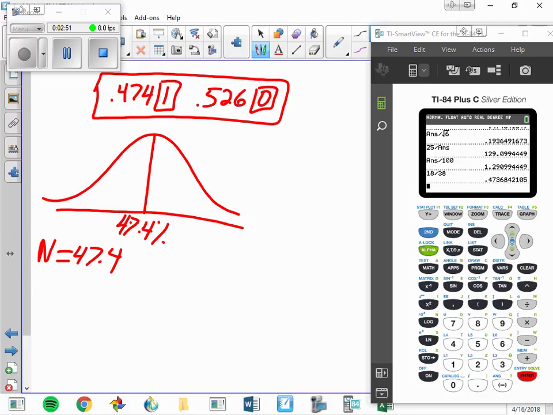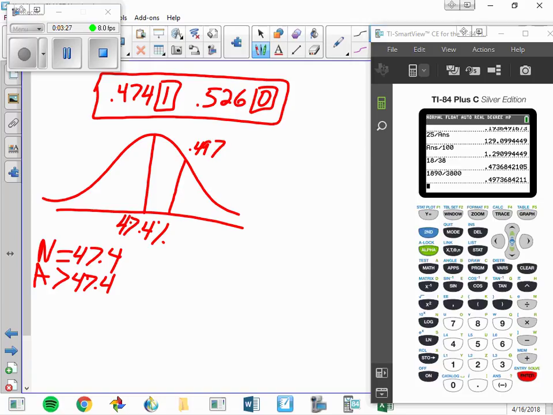So the sample said, what was it? 1,890 divided by 3,800. And I get 0.497. So 0.497 is to the right, so my alternative is greater than 47.4.